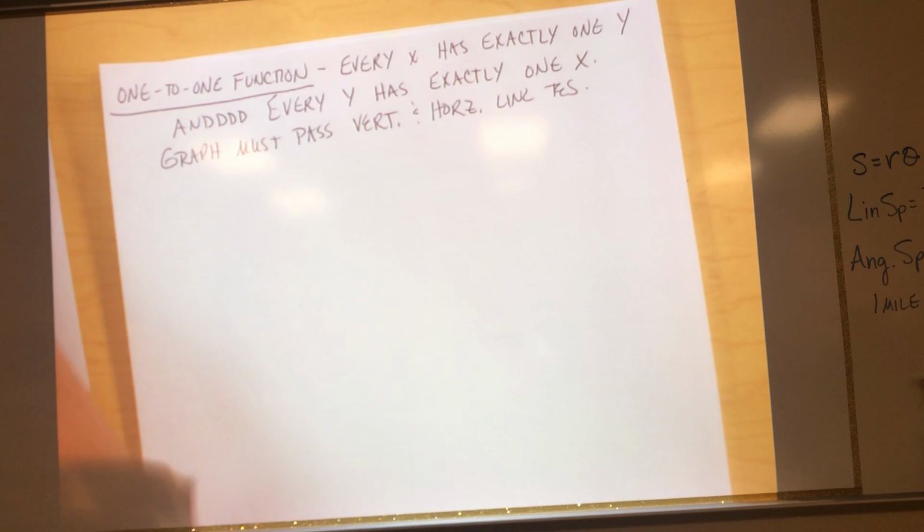Okay, so here's what we're going to do. We're going to go back to this other paper and talk about the ones that we talked about, and I'm going to ask you, if it is a function, is it one-to-one? The only one that could be one-to-one is an identity function, right?